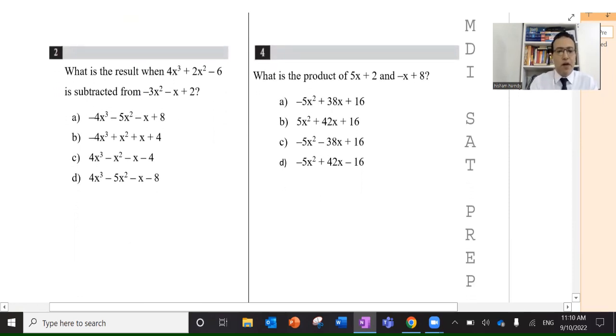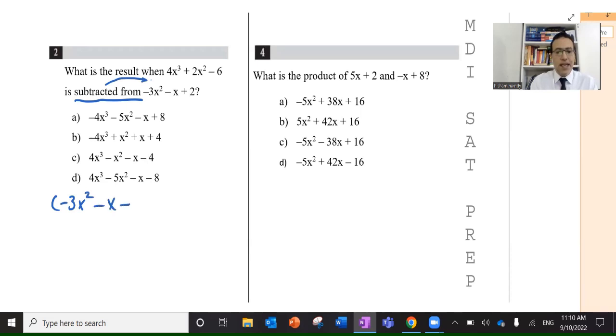What is the result when 4x to the power 3 plus 2x squared minus 6 is subtracted from negative 3x squared minus x plus 2? What comes first after "subtracted from"? So it's negative 3x squared minus x plus 2 minus 4x to the power 3 plus 2x squared minus 6.